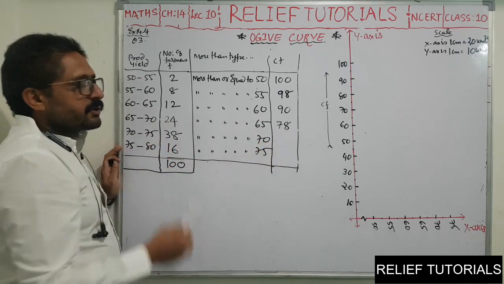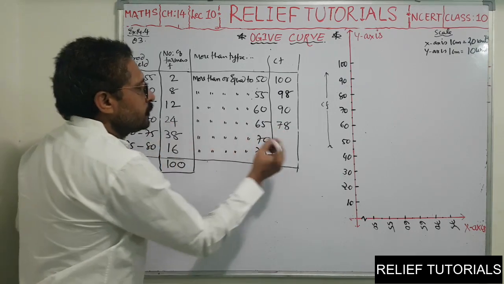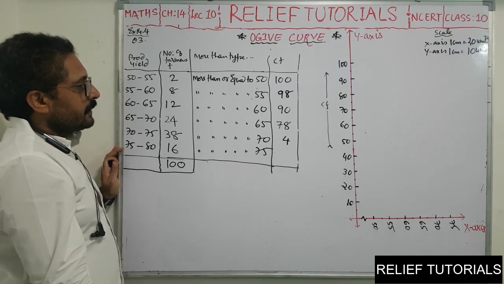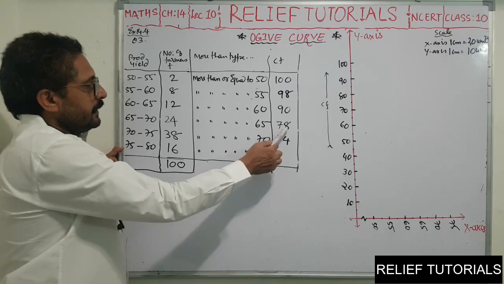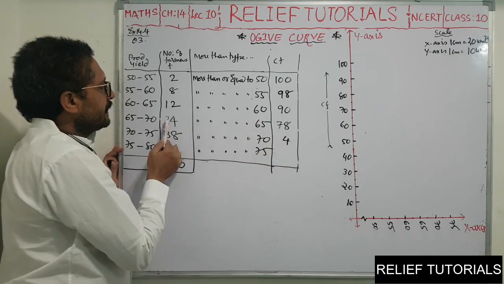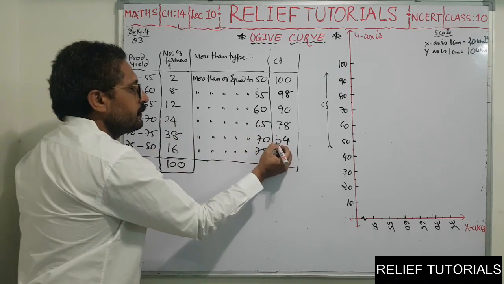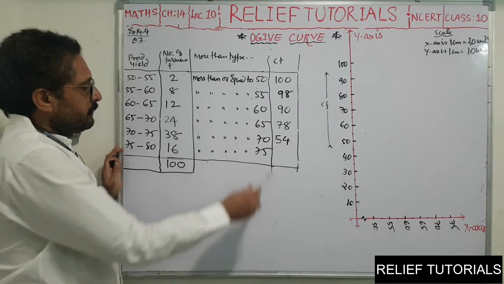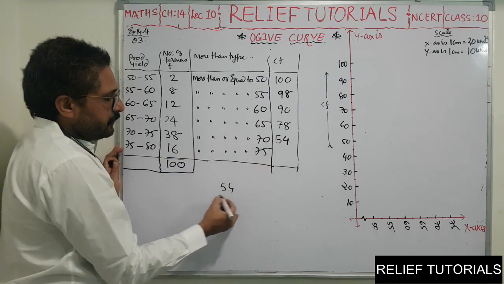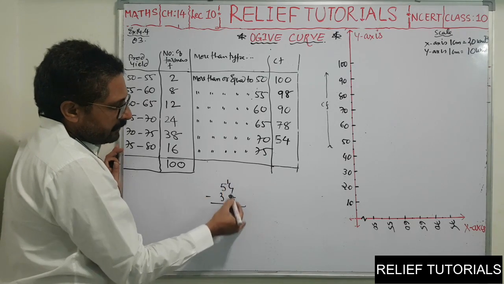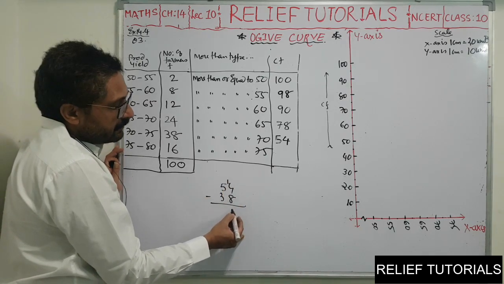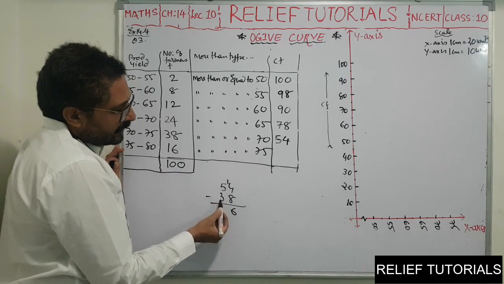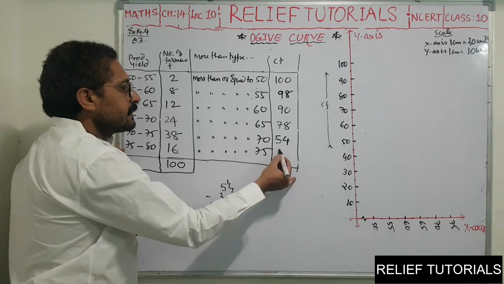Now 78 minus 24, 54. Now 54 minus 38, that is 16. And here the remaining terms reduce to 16.